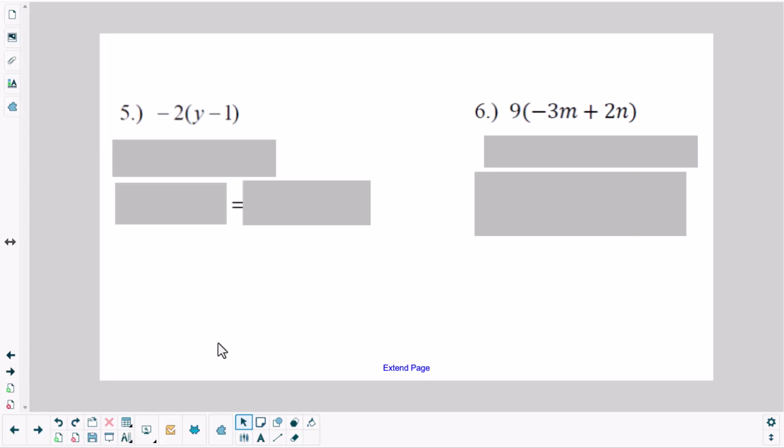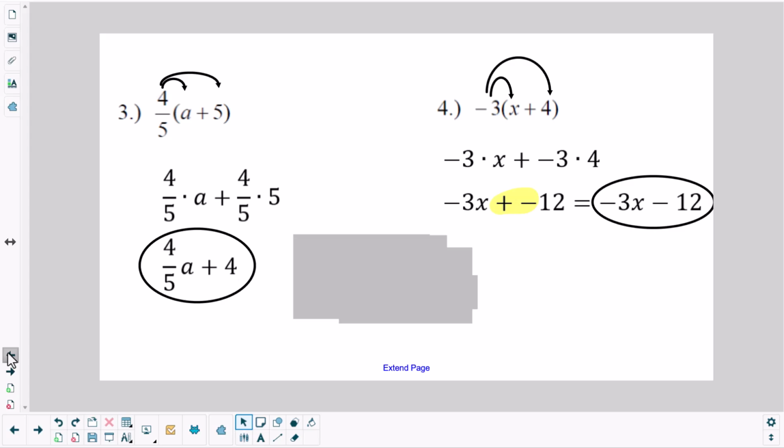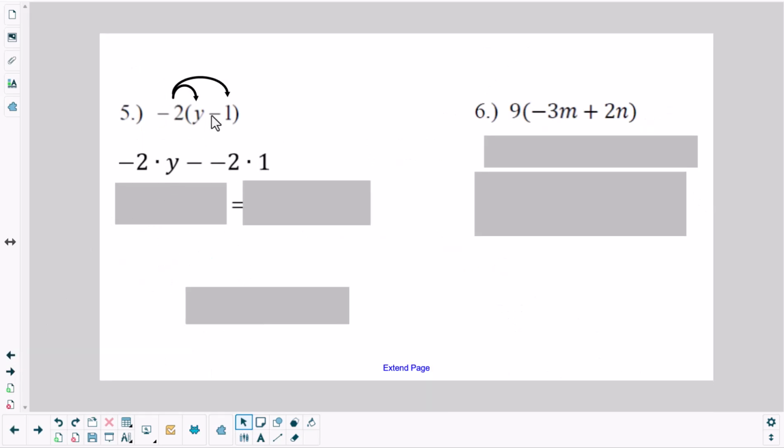Let's take a look at number 5. In this problem, we need to distribute the -2 to both the y and to the 1. So we'll have -2 times y minus -2 times 1. Now, as you can see, this is the first example where we've had subtraction inside the parentheses. So again, make sure we bring this subtraction down. -2 times y minus -2 times 1. -2 times y is -2y.